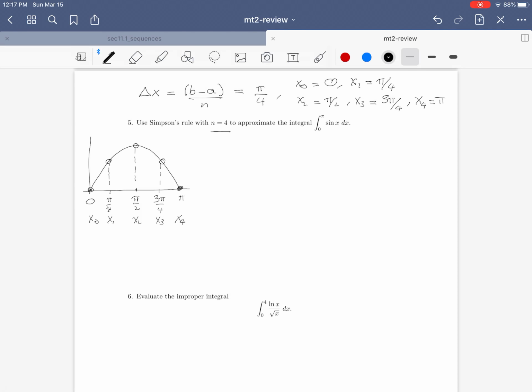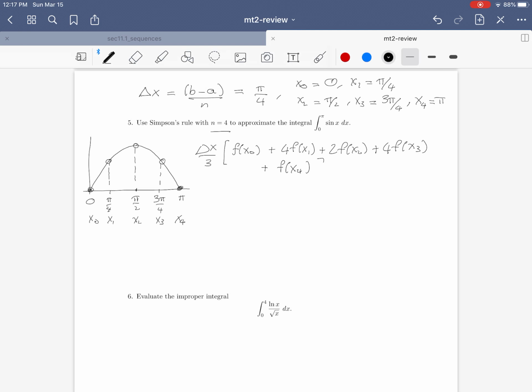Okay, so now Simpson's rule is delta x divided by 3 times by f of x0 plus 4f of x1 plus 2f of x2 plus 4f of x3 plus f of x4.